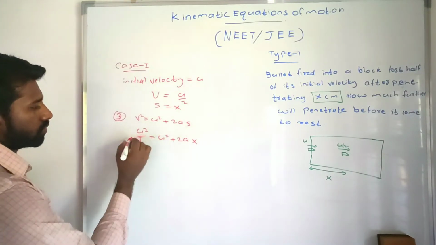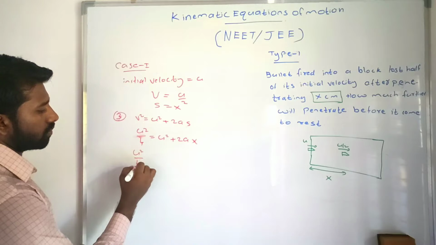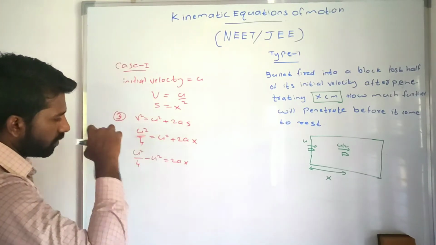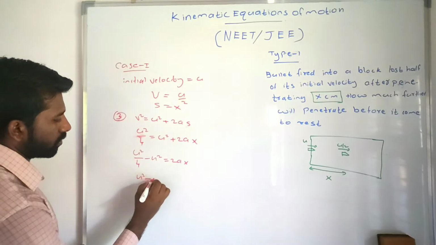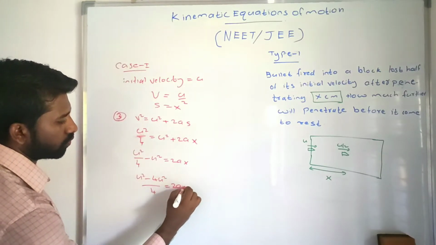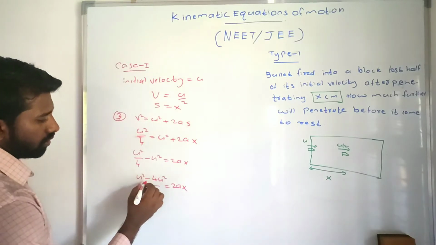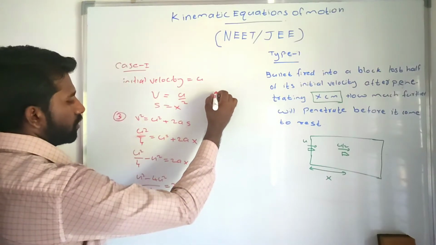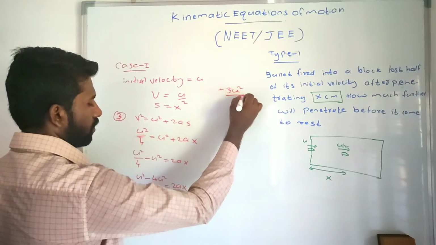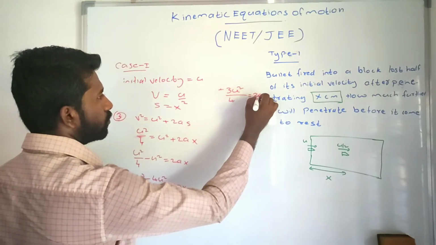Here this u square comes to this side, so u square by 4 minus u square is equal to 2ax. What is this? u square minus 4u square divided by 4, that is equal to 2ax. So you will get minus 3u square divided by 4 is equal to 2ax.